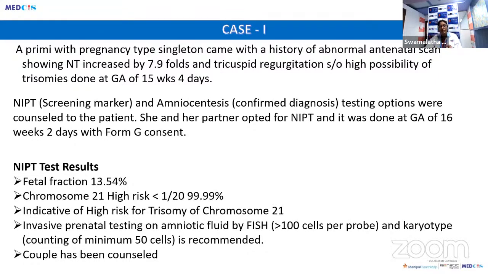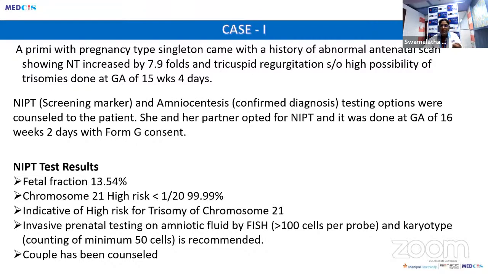We performed NIPT for her and got the results like this, with a fetal fraction of 13.54, showing a high risk for Down syndrome, which is greater than 1 in 20, with a specificity of 99.99%, indicating a high risk for chromosome 21.